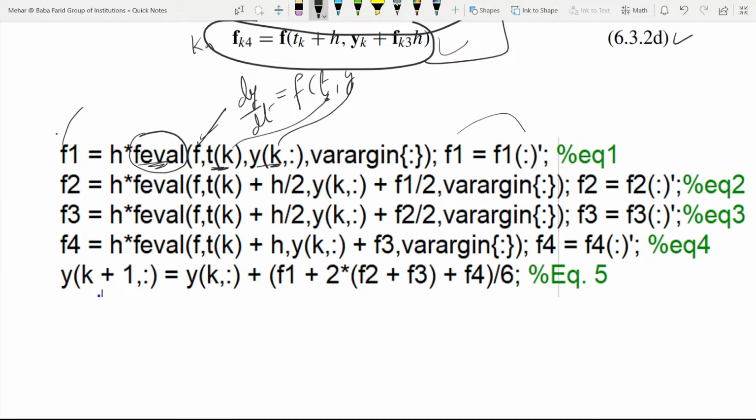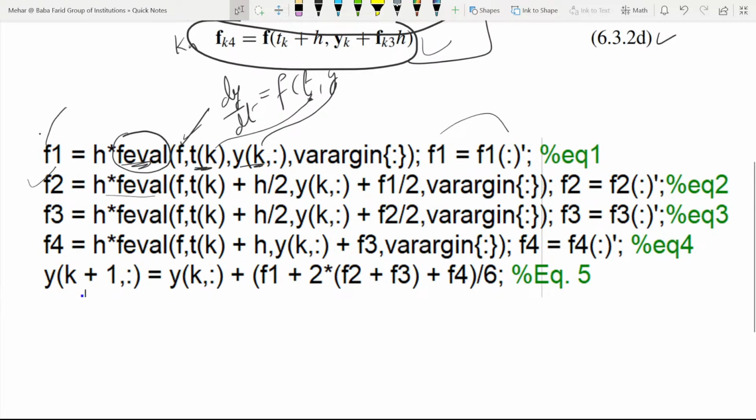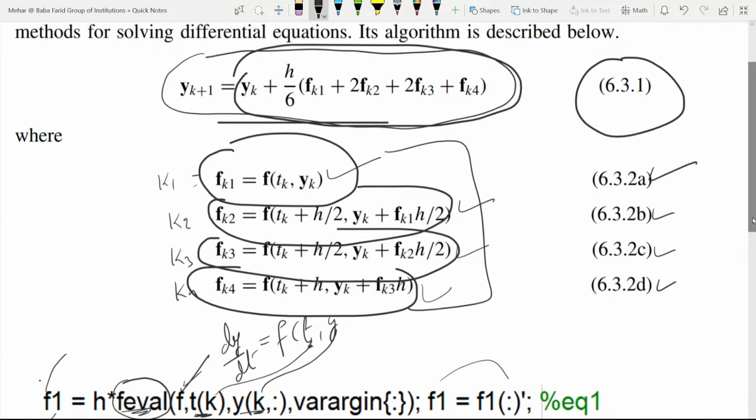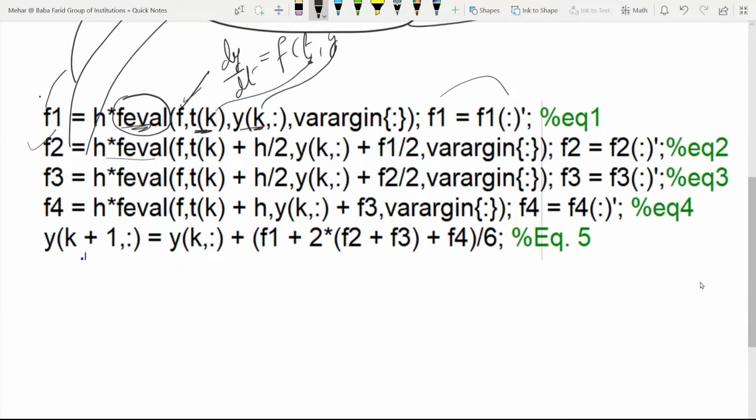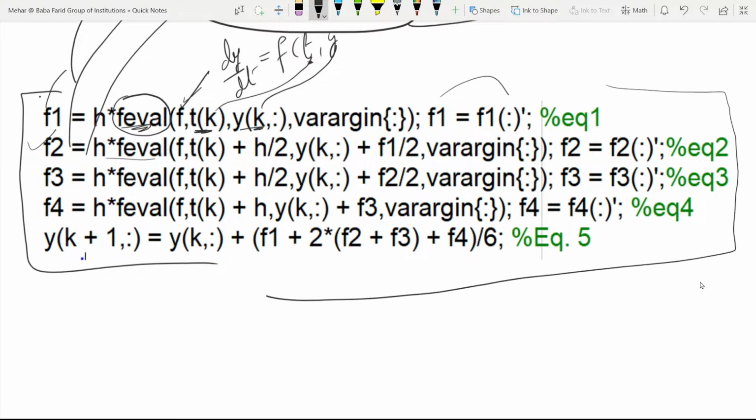Similarly, we have F2. We are calculating it here. The same equation is there, which we can see. All these equations are used at this place. So just note the MATLAB code and don't make any error when you write the program for Runge-Kutta fourth order.